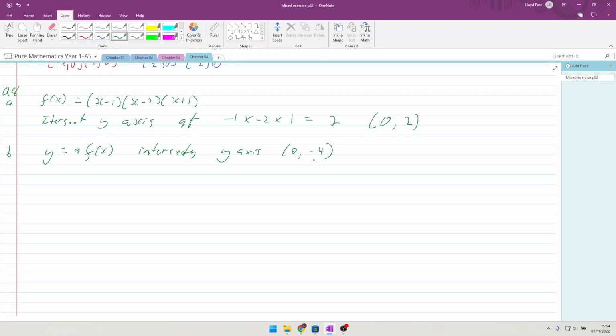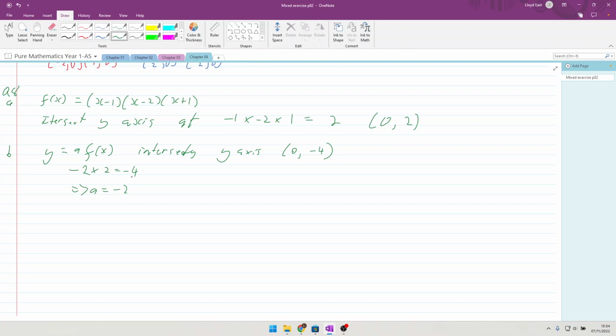So with something that's a of f of x, it is a stretch of the y by a factor. So it has stretched the y value by a. So how do I make a 2 into a minus 4? I multiply it by minus 2. Minus 2 times 2 equals minus 4. Therefore, a is equal to minus 2. Okay.